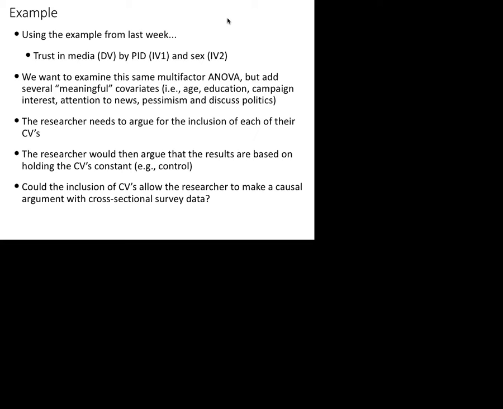And even if your probability of making a type 1 error is 0.0001, it's still not 0, so you can never say you've proved causality. There will always be some element of doubt. So I would be careful about using covariates to bolster the argument that you have a causal relationship, particularly with cross-sectional or survey data.